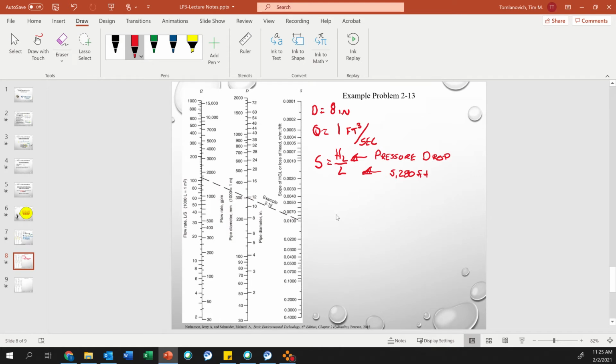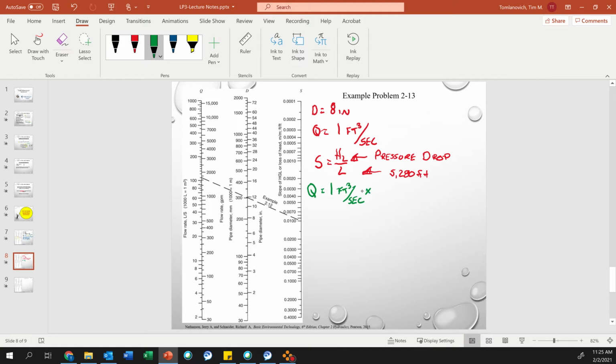So in the meantime, first we're going to use a nomograph. So we have to get Q into metric. Write down what you know, write down the equations, and then start solving the problem. We need Q in gallons per minute. So Q equals 1 cubic feet per second.